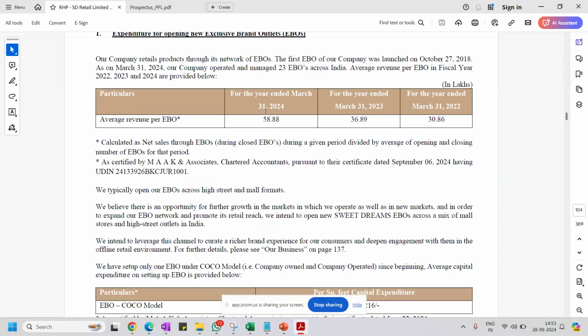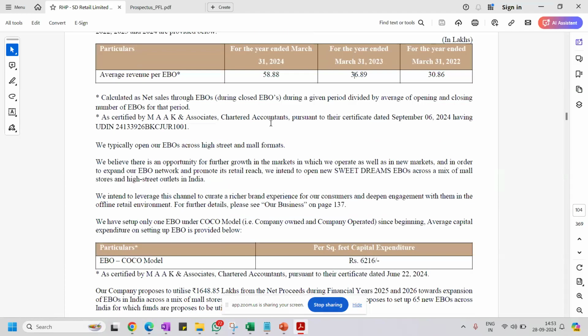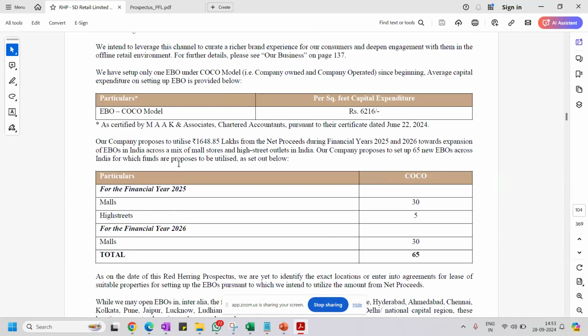For an example, you can see the average revenue for their exclusive brand outlet is increasing from roughly 31 lakhs to 37 lakhs to 59 lakhs. So adding more such EBOs will definitely add to the company's top line, and hopefully, if they are able to deliver on the opening of the 65 new outlets, we'll see this company delivering a very good set of revenue going forward.